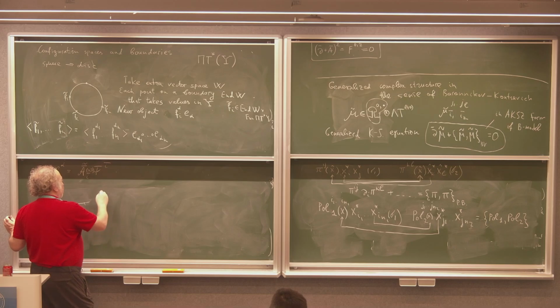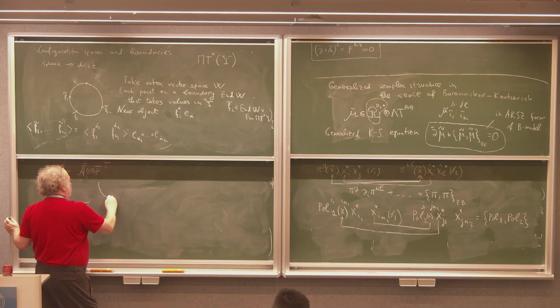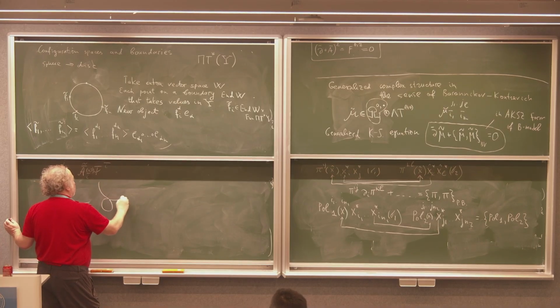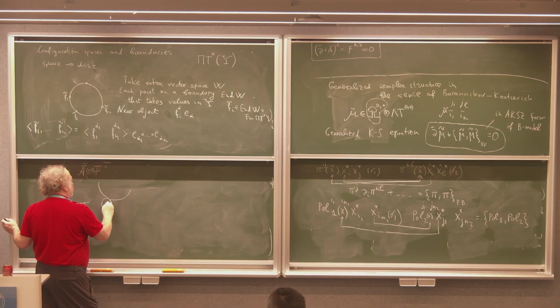But also there is an extra term. And this extra term goes like this. Here we have this vector field associated to del bar. Here we have only one insertion of a bar.